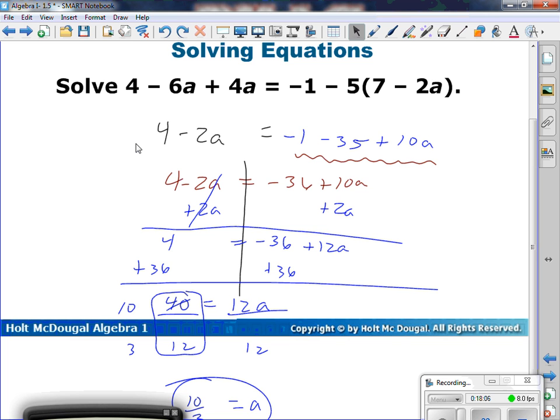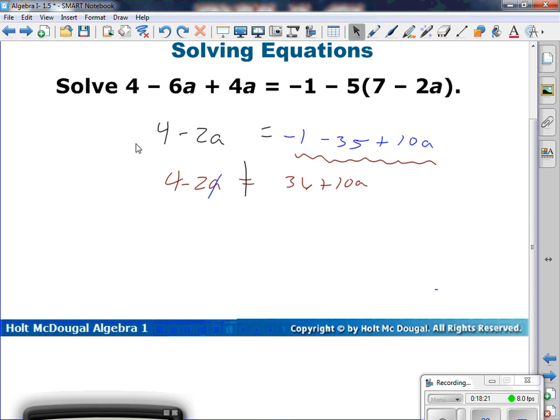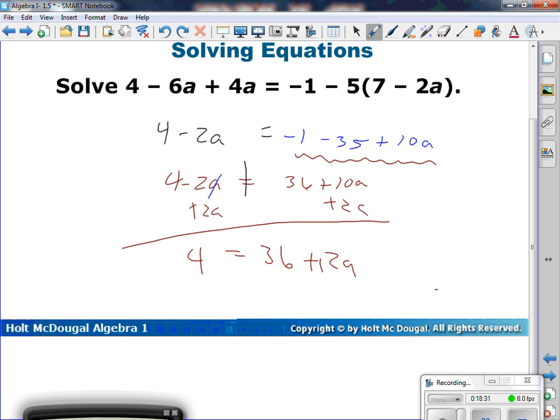Because if I made a mistake here and wrote positive 36, what happens now? Yeah, it's going to mess up all of this stuff. Because I'm going to go, all right, add 2a, add 2a. I have that step right. Now I'm going to subtract it over.